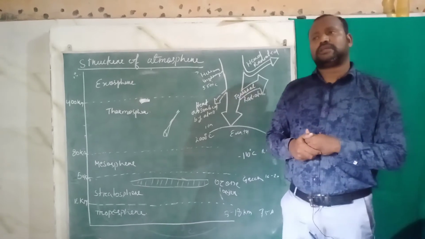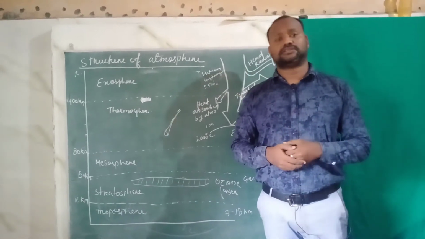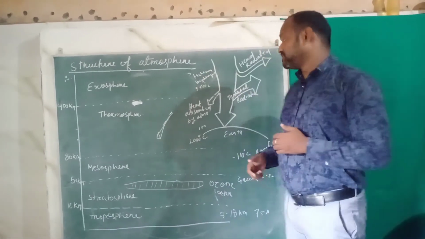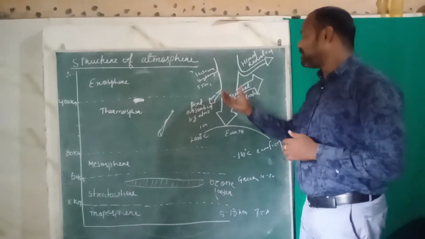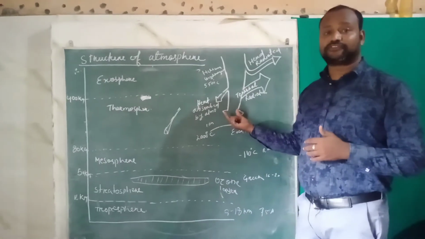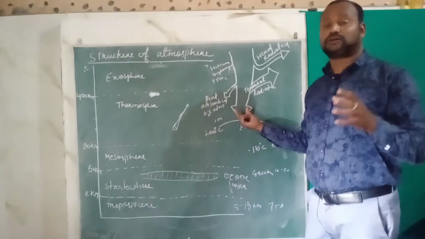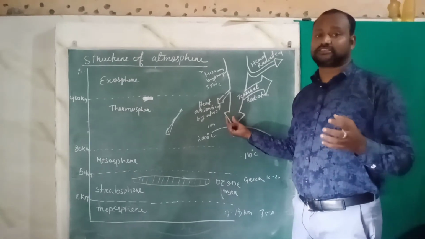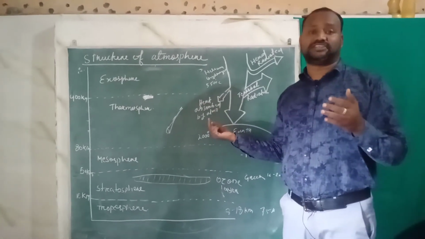Next is what? Now about the solar radiation on the earth's surface. There are two types of solar radiation. Here you can see the total amount of solar energy which comes to the earth's surface from the sun is known as solar insolation.